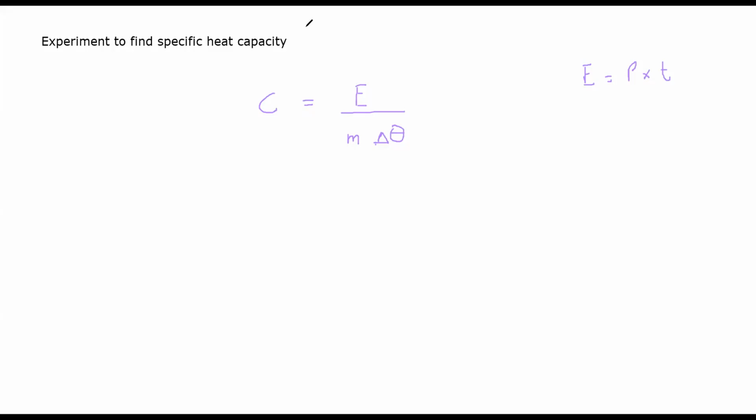So the new formula for the experiment, as we use an electrical heater, the formula for specific heat will be power multiplied by time divided by mass into temperature change.